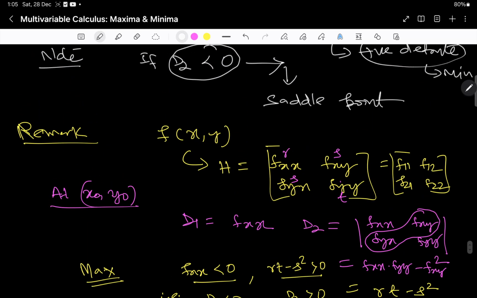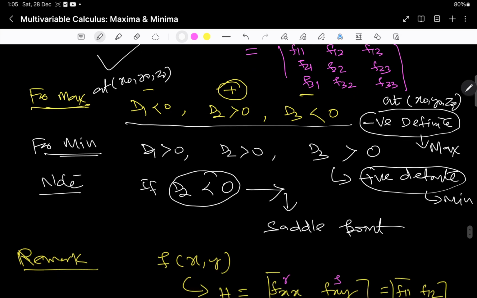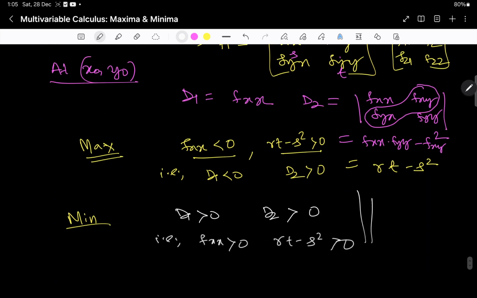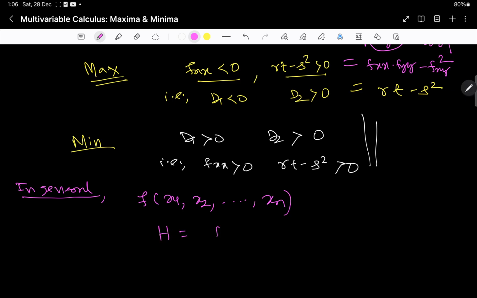So this is a general rule for maxima and minima, for as many variables as there may be. In general, if you are given a function of n variables x1, x2, up to xn, then we have the Hessian matrix f11, f12, f1n, f21, f22, f2n, and fn1, fn2, fnn.